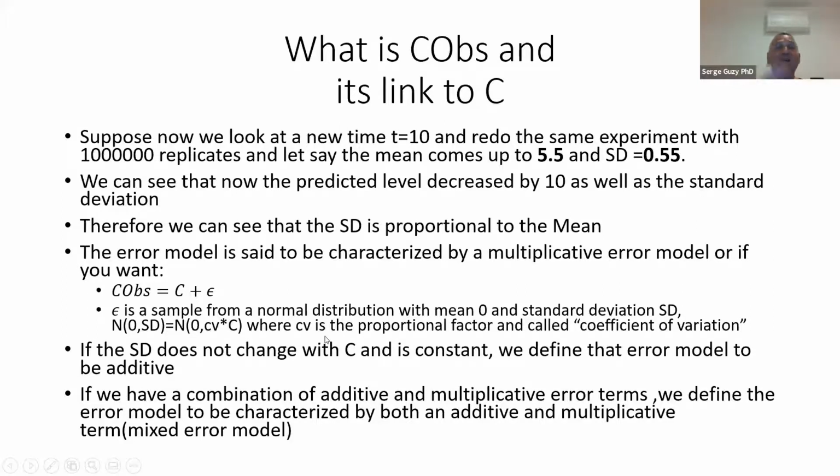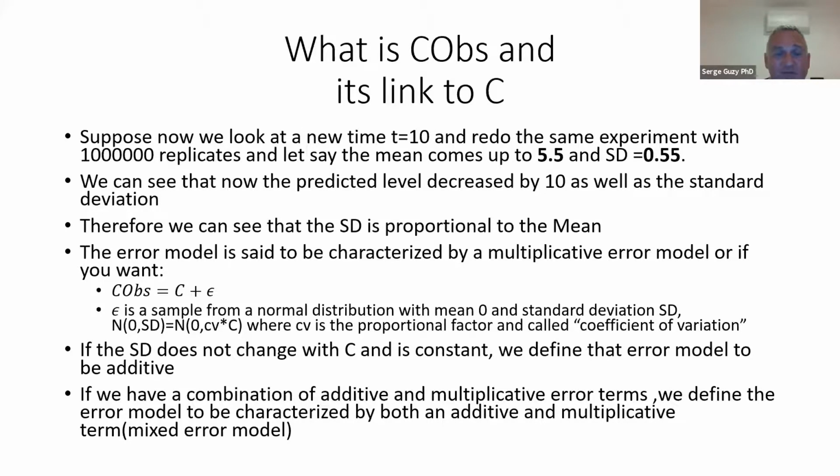Then we can have three different scenarios. Most PK models will assume either a multiplicative error, which means that the noise increases proportionally with the predicted concentration. Sometimes, when you have very low concentration, we have the effect of the limit of quantification, which means that even if you have a very low concentration, you still have a big error relative to the concentration level itself.